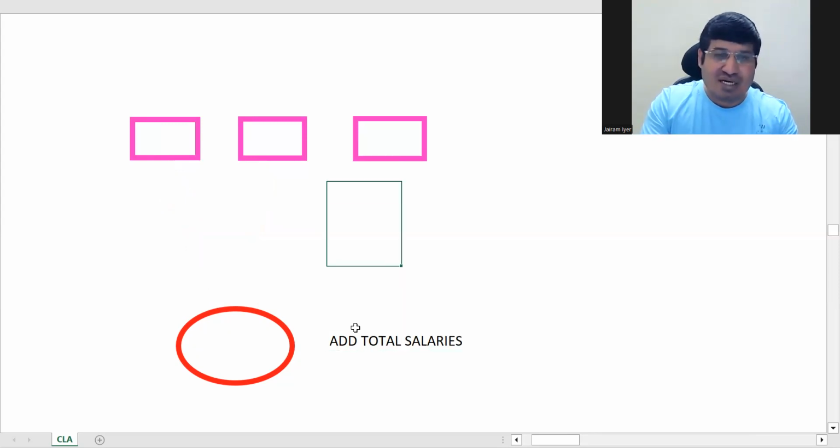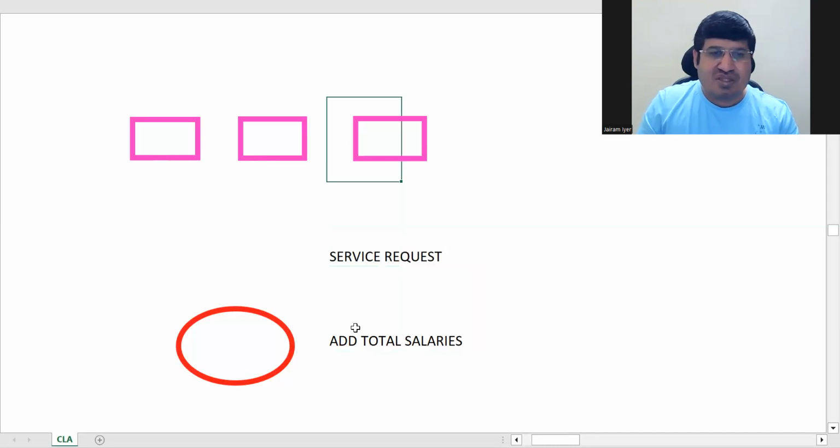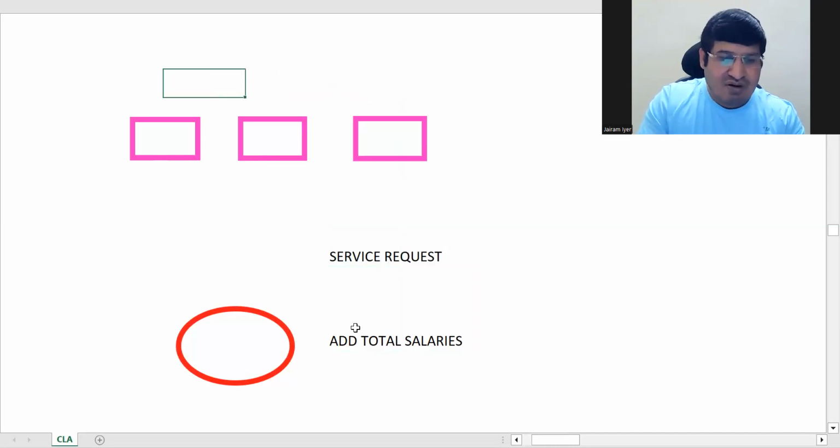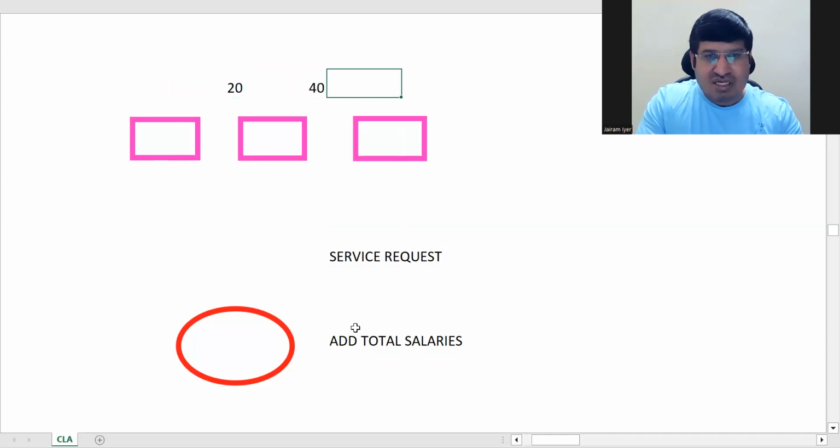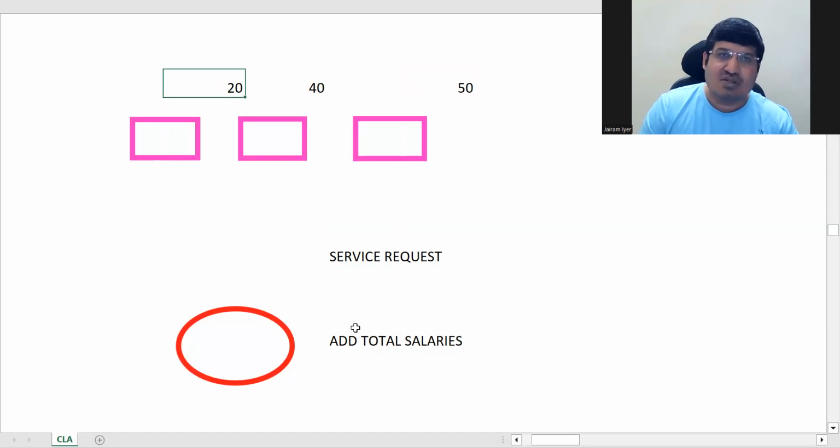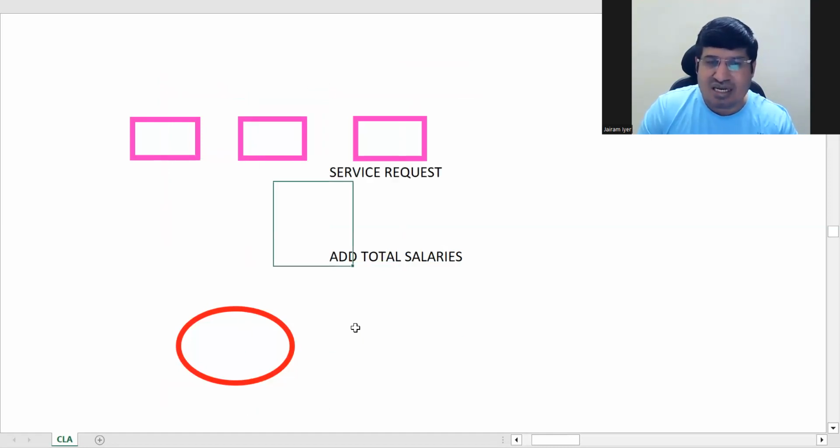Say they are going and attending based on service requests. In this department I have 20 requests, here I have 40 requests, and here I have 50 requests. Based on these service requests, I will allocate the total salaries. So it is not a direct basis.